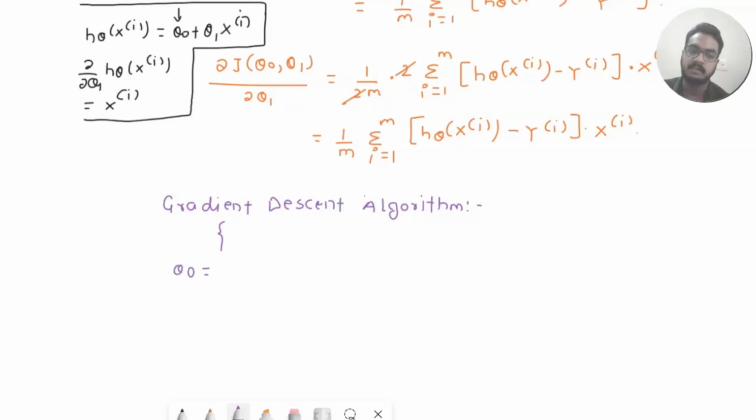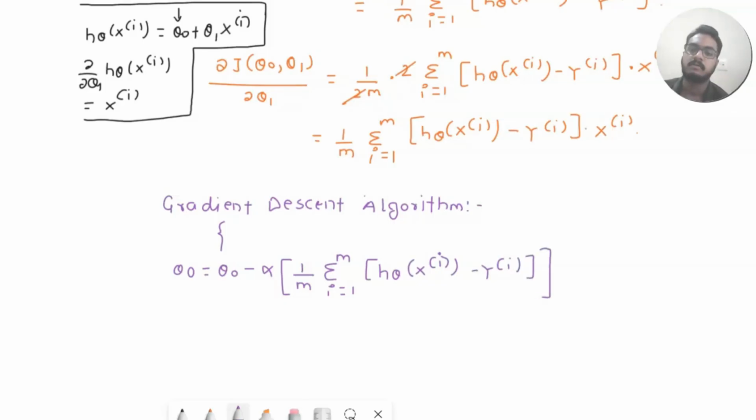It is updated in the following way: theta 0 minus alpha times the partial derivative value, that is 1 over m summation from 1 to m of h theta of xi minus yi.